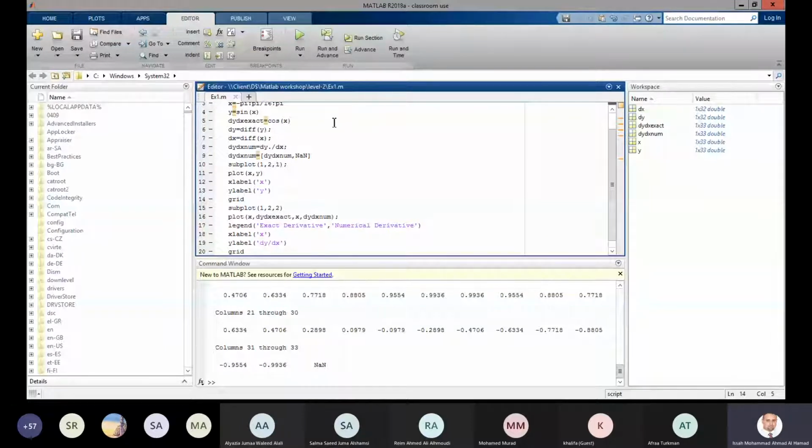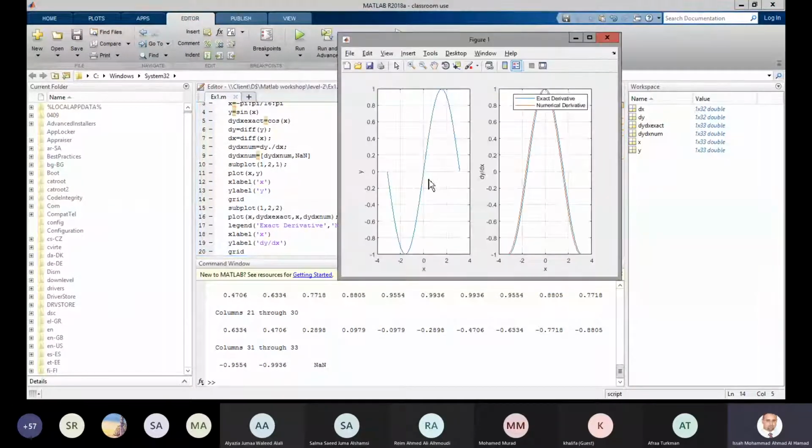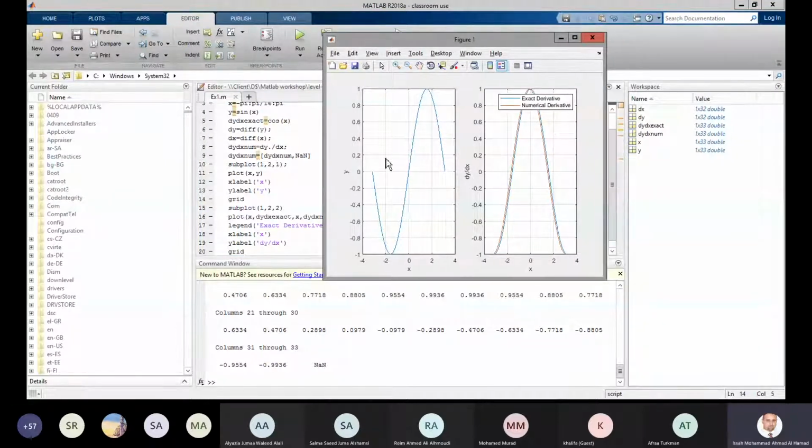Let's wait for the graph or the figure. Okay, so this is the figure. The first figure is sine x. The second figure is the derivative of sine x, which is cosine x. So this is how you make subplots in Matlab.